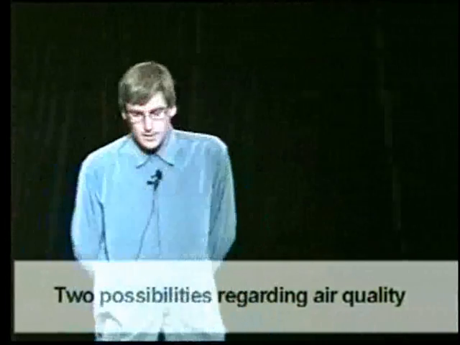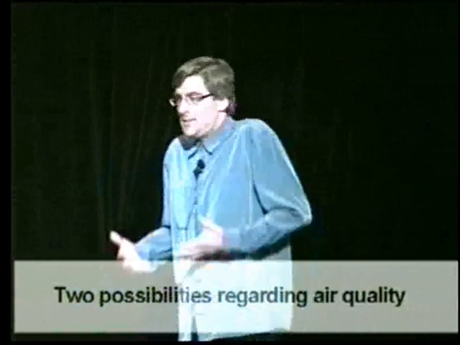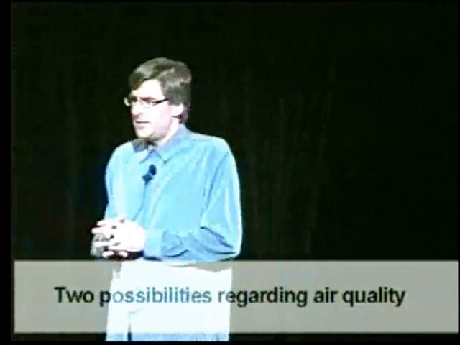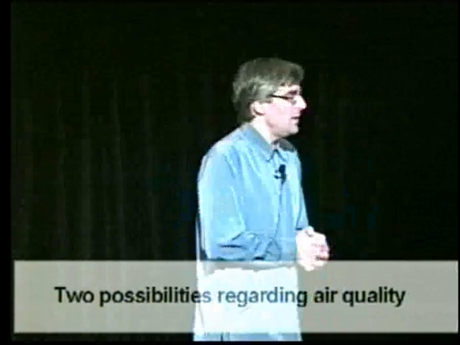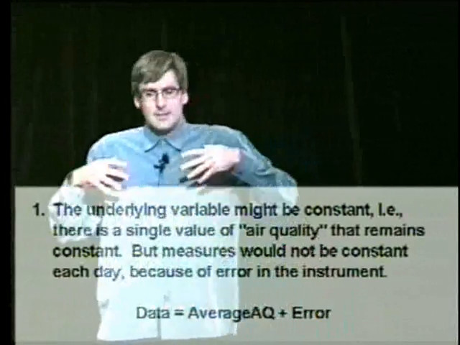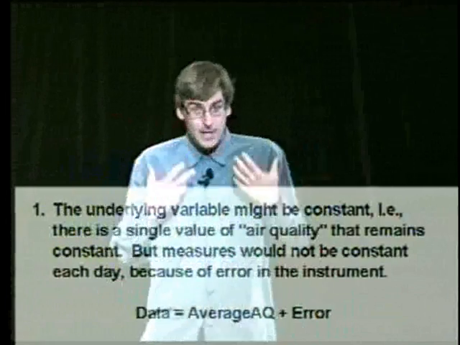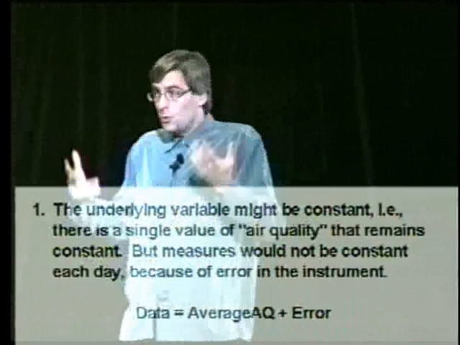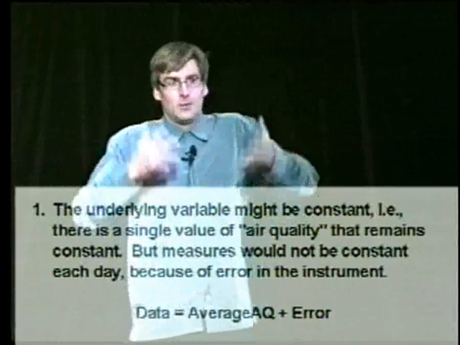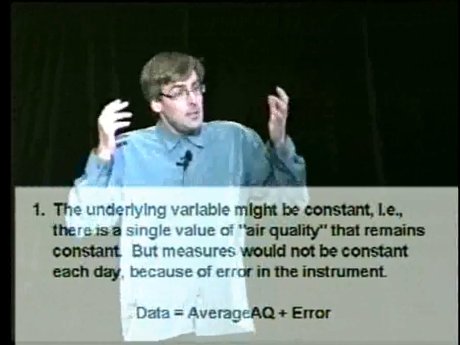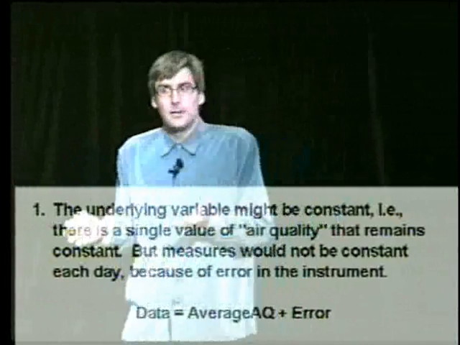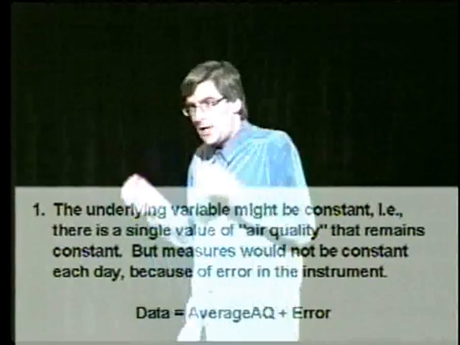As far as air quality goes, as I said, you're no environmental scientist, but let's think about it for a minute. Either air quality is something that doesn't change from day to day. So the true value of air quality, assuming there is something called air quality that can be measured, either it's constant each day or it's changing.